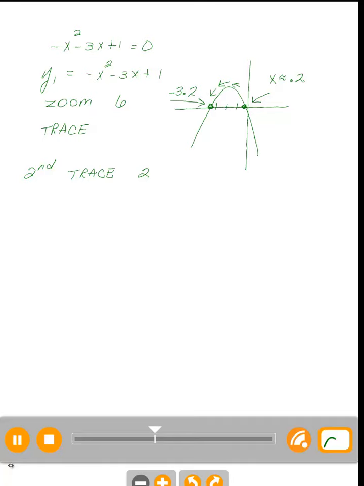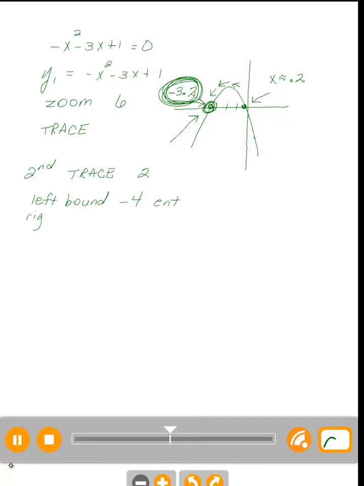It's going to ask you a left bound, and let's find this left intercept first. I want a number that's to the left of this approximate answer. If my approximate answer is negative 3.2, for my left bound I'm going to use a number that's less than that, negative 4, and then press enter.